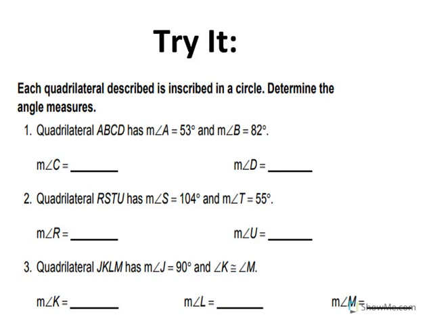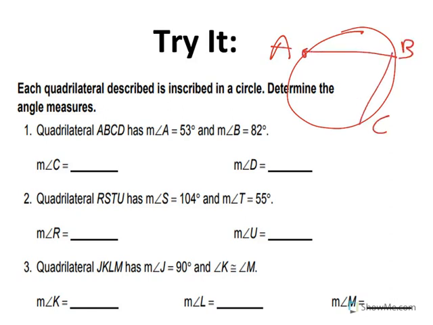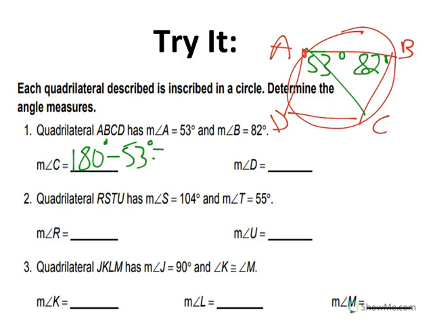So now for this one, we need to draw our own quadrilateral inscribed in a circle. Right? So we have a circle. We call these points A, B, C, and D. And we're given that angle A is 53 degrees and angle B is 82 degrees. Right? To solve for C, well, these two are supplementary, so let me take 180 minus 53.